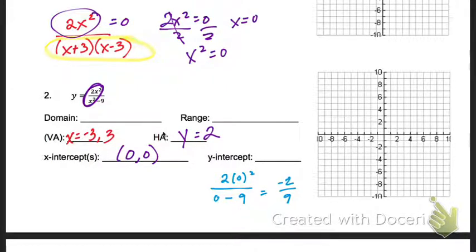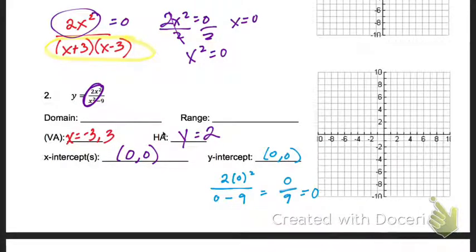Why did you get negative 2 ninths? Wouldn't it be 0? Oh, 0. Sorry, I can't multiply. I was like, how is that negative? 0 ninths, which is just 0. Because 2 times 0 is 0. Good.